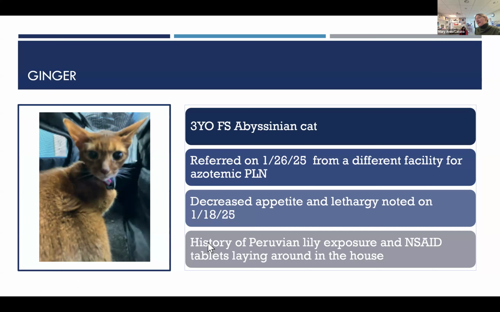She had presented about a week earlier to her local veterinarian with a decreased appetite and lethargy, noted on the 18th of January. There was a potential history of Peruvian lily exposure and at least an NSAID tablet or two lying around the house.